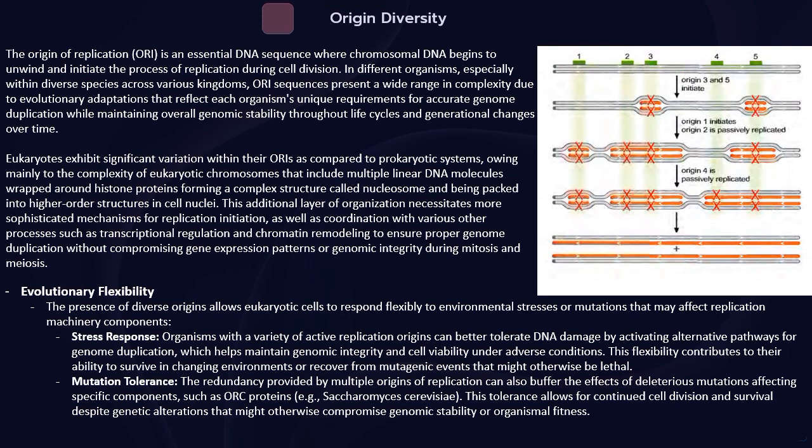So, in stress response, an organism with a variety of active replication origins can better tolerate DNA damage by activating alternative pathways for genome duplication, which helps maintain genomic integrity and cell viability under adverse conditions. We can understand this point with an example. Suppose there is a specific type of yeast.